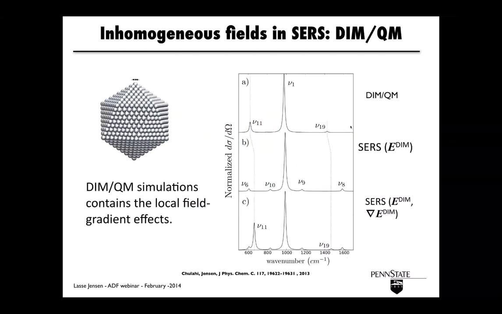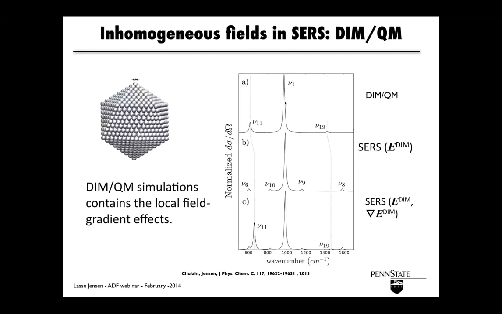So one of the major advantages of using the DMQM method is that if you do the Raman calculation for the system, all these field gradient effects are naturally incorporated into the model. Here's an example of pyridine on top of a needle, so the edge of a metal nanoparticle, and you see the DMQM calculations here.